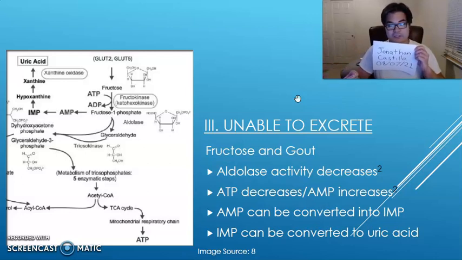In fructose metabolism, fructose 1-phosphate is normally broken down by aldolase B, but when there is high fructose present, aldolase enzyme activity decreases. Fructose 1-phosphate levels increase, and intracellular phosphate decreases, meaning less ATP is produced while AMP production increases. AMP then can be converted to IMP to be then used for uric acid production.